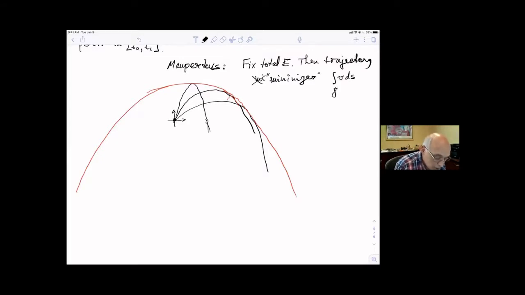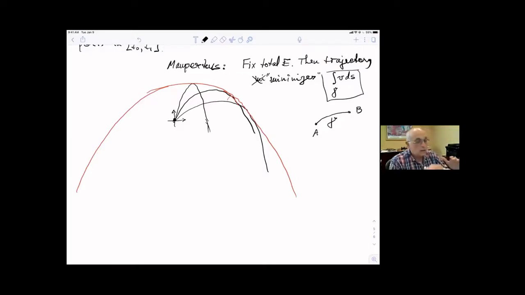So here's the picture. If we have 2 points, A and B, and we shoot from A to B with that fixed energy E, which doesn't change, then the curve gamma minimizes this integral.